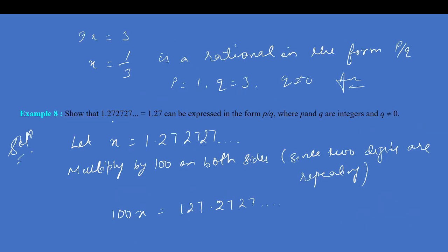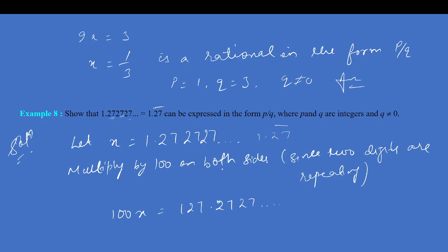Now show that 1.272727 is equal to 1.27 bar can be expressed in the form of p by q. Again, 27 is repeating here, 2727, so we will keep a bar on 27. Now again let x is equal to 1.272727, or 1.27 bar simply.